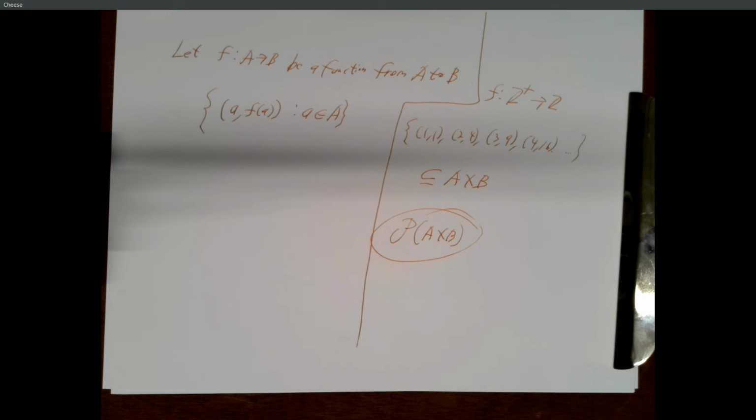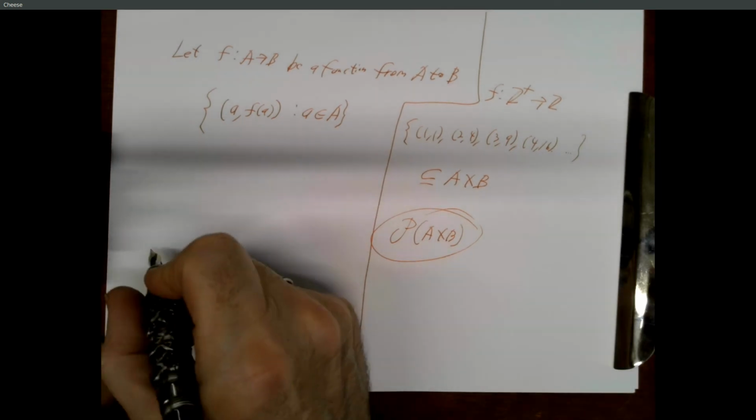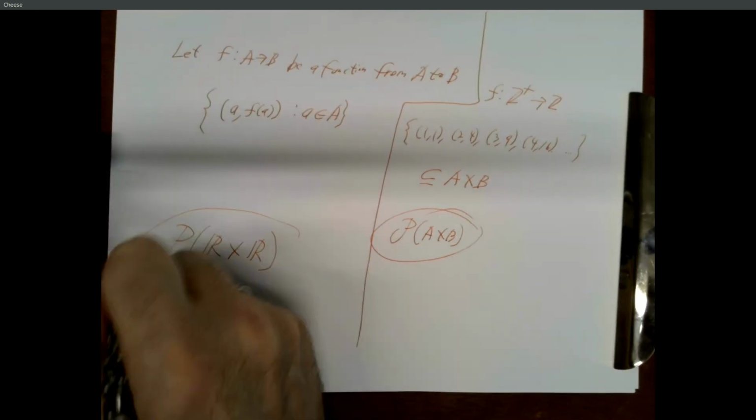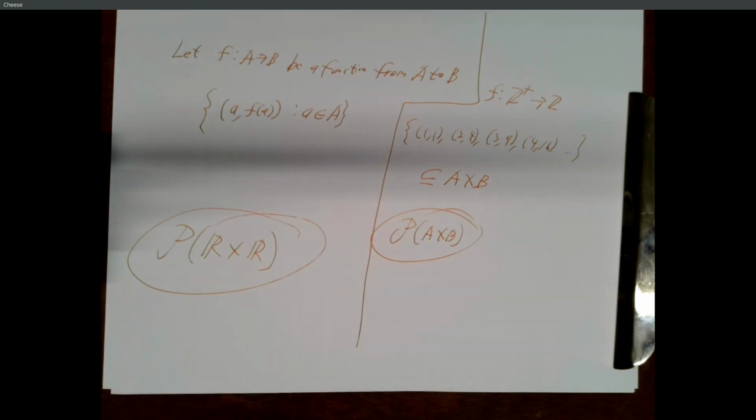And if each collection of tuples corresponds to a function, this is the list of all possible functions from A to B. So if I were to write the power set of R cross R, it's a big set, but contained in that set is every mathematical function that anybody will ever think of. Sines, cosines, square roots, hyperbolic arctangents, everything. Just a subset of R cross R.